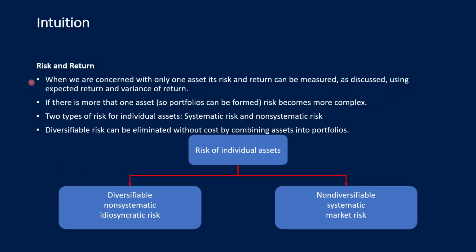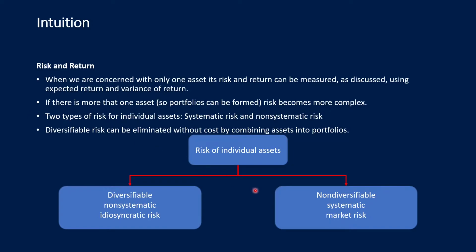When we are concerned with only one asset, its risk and return can be measured, as discussed, using expected return and variance of return. If there is more than one asset, so a portfolio can be formed, risk becomes more complex. Two types of risk for individual assets are the systematic risk and the non-systematic risk.